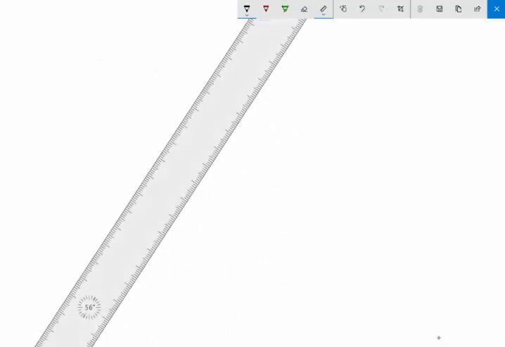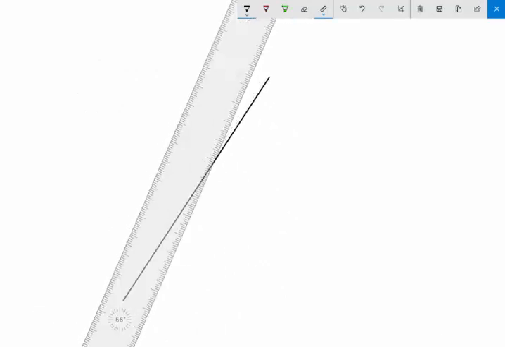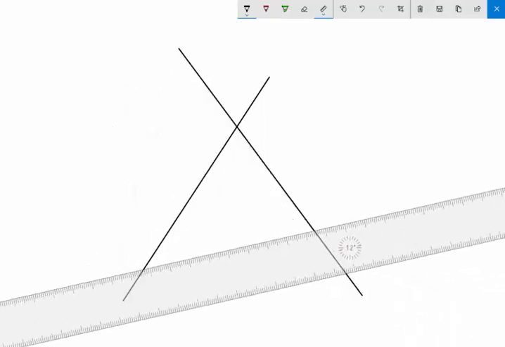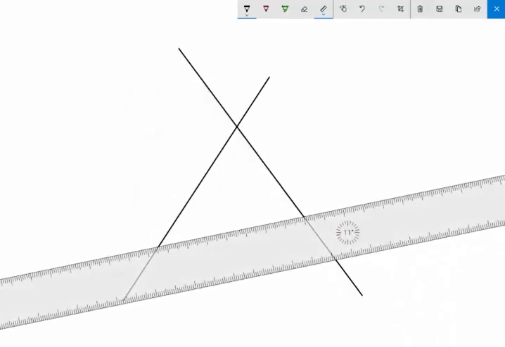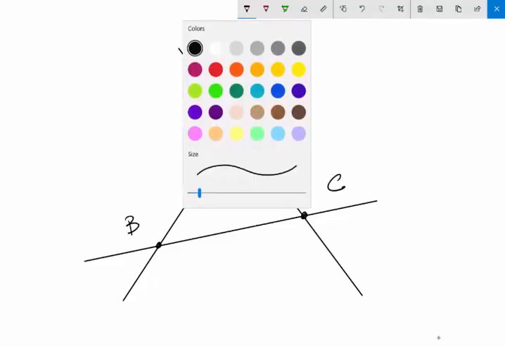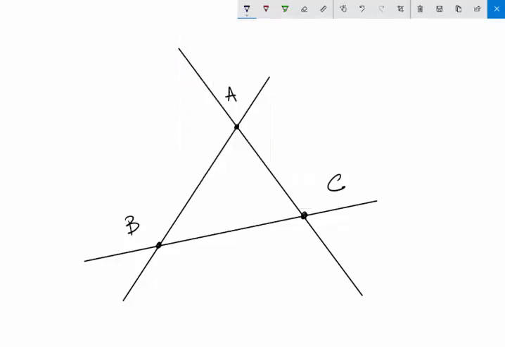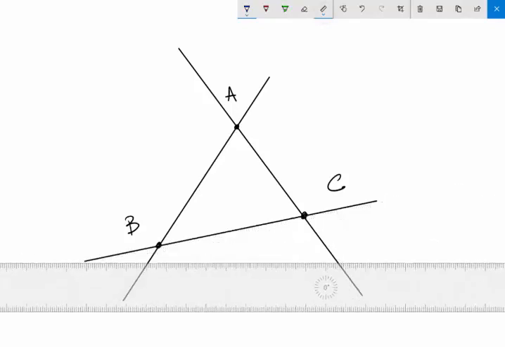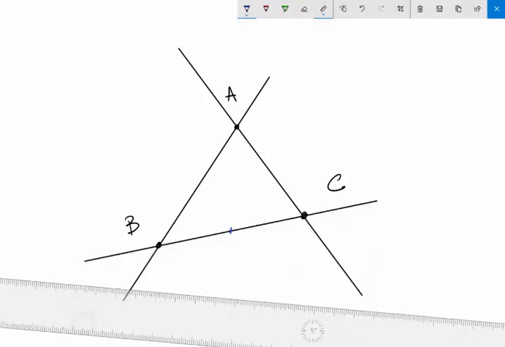start with a triangle which is arbitrarily drawn. And I'll label this A, B, and C. Now, I will look for the perpendicular bisector of, so let's see if this is about half.